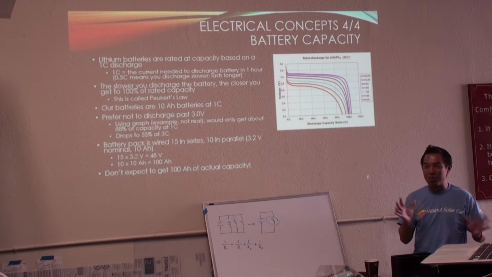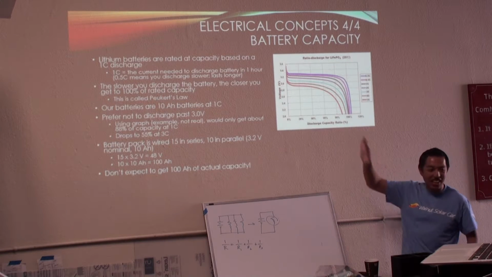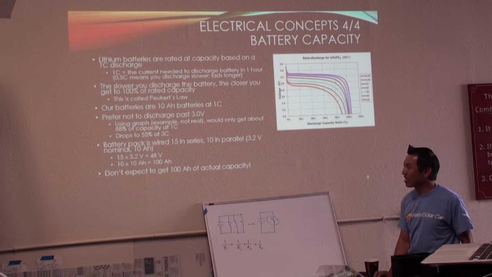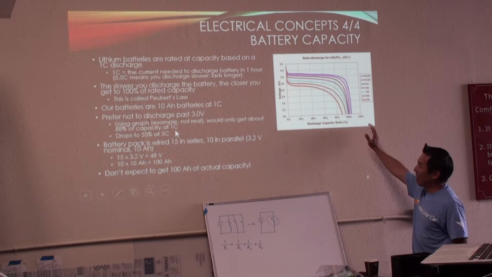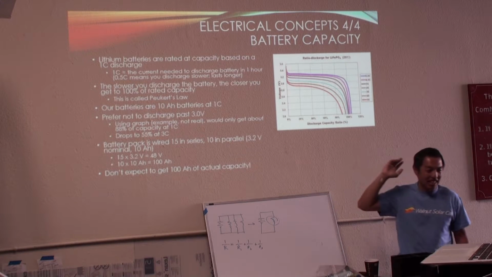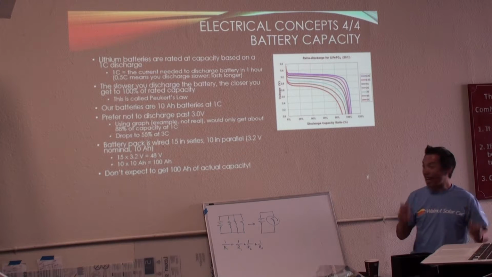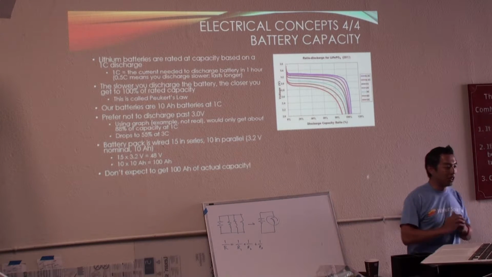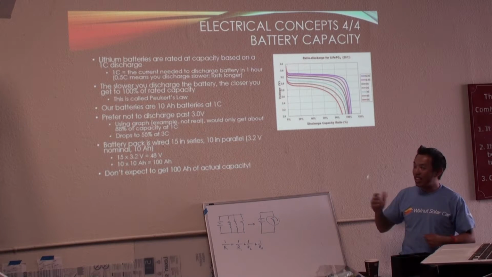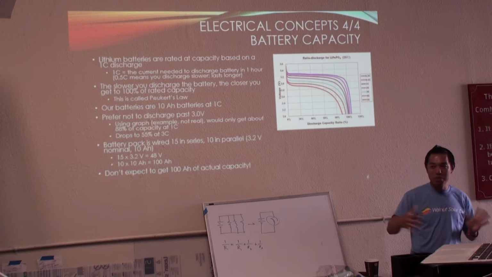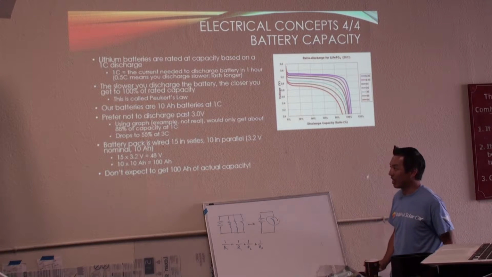It's similar, but the points on the line are not necessarily what it is. So take that with a grain of salt. But we say that you really only get 88% of the capacity if you drive at 1C or 10 amps. And if you drove at 30 amps, you only get 55% of capacity. So you're really making it hard on yourself if you do that.